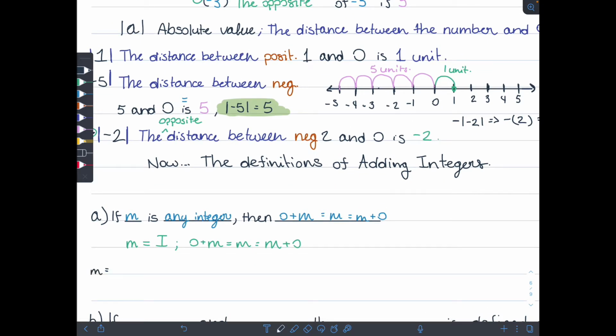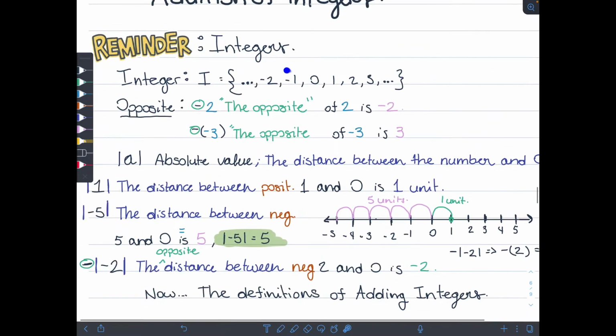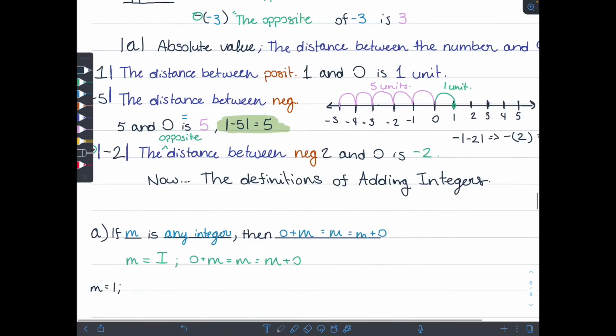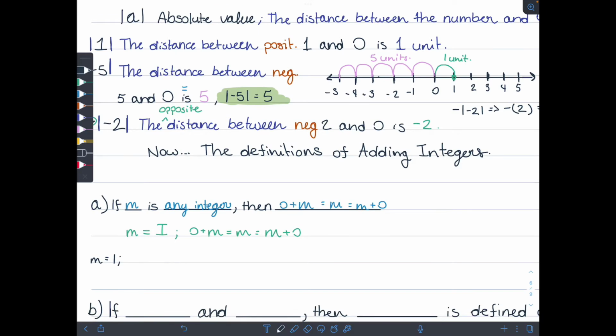So let's set m equal to 1. Is 1 an integer? Yes. So 0 plus 1 should equal 1, but it should also equal 1 plus 0.